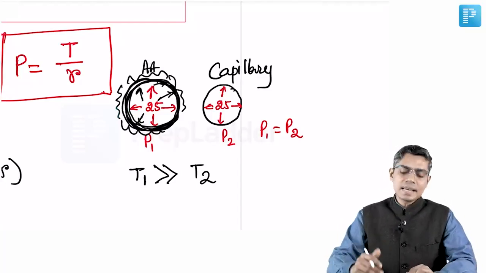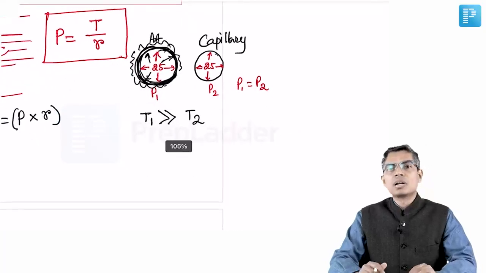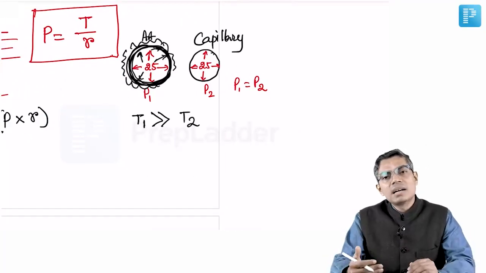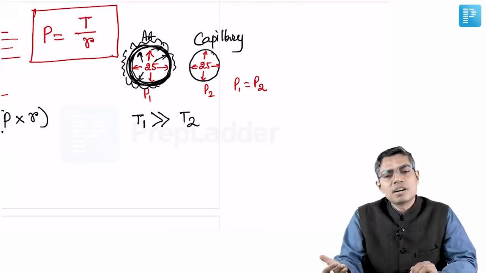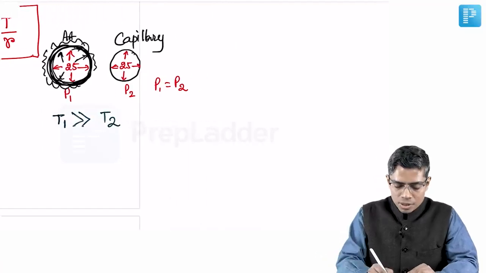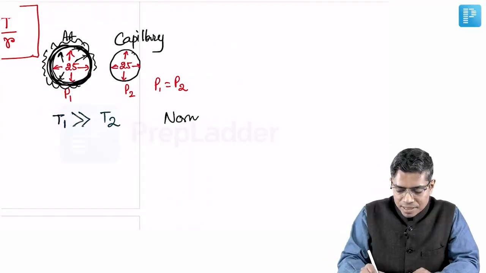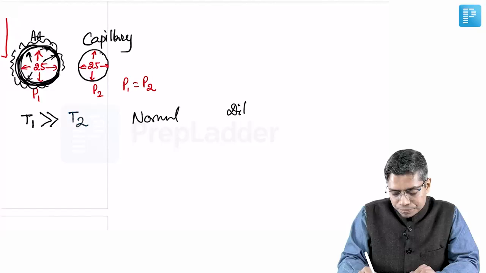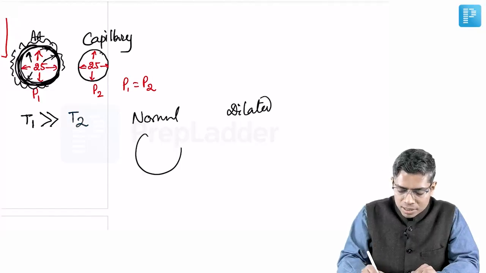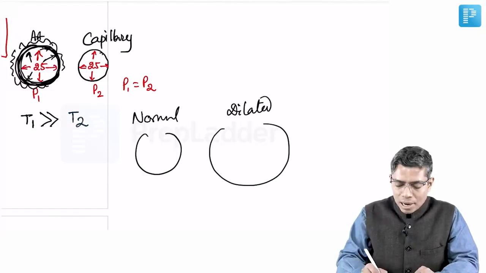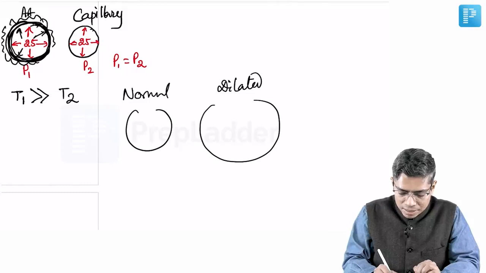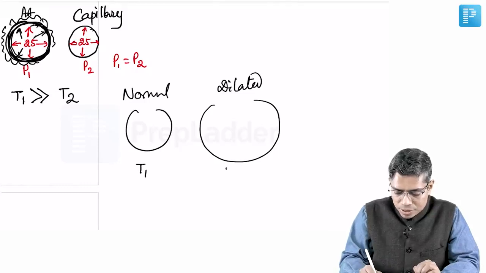Second application of this: suppose a normal heart and a dilated heart due to heart failure or dilated cardiomyopathy. So one normal heart and one dilated heart. Wall tension is T1 in the normal heart, and suppose this is T2.